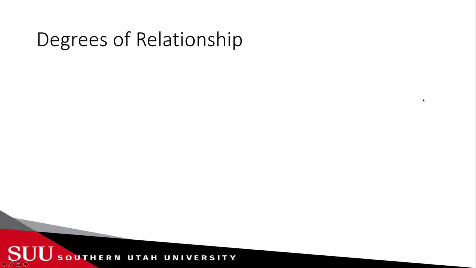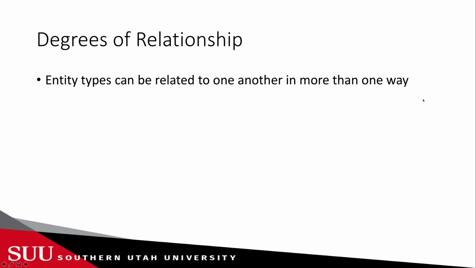Now let's look at some more examples. And this example is going to show that the entity types can be related to one another in more than one way. So it's not necessarily that I have only one relationship between entities. So if I have entity 1 and I have entity 2, then I have one relationship.